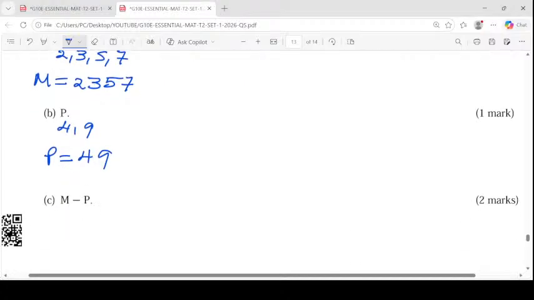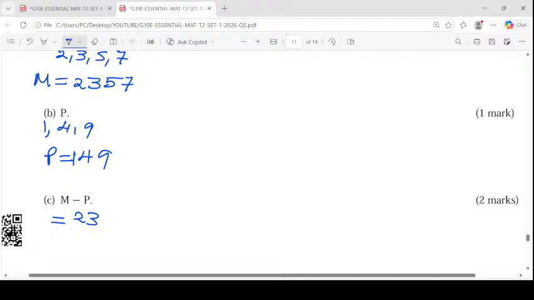So when you're told m minus p, this will be 23. Wait, let us agree here. We want square numbers between 1 to 10. Remember, 1 can also be squared. So 1 is also among the numbers. So the number now becomes 149, not just 49, because the square root of 1 is still 1.